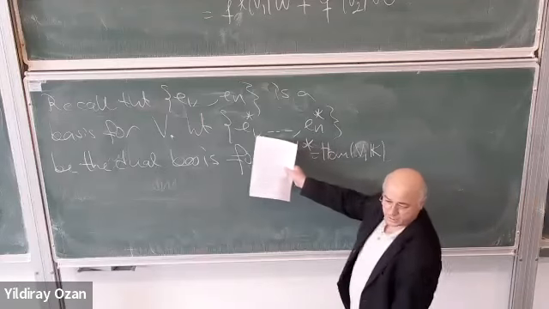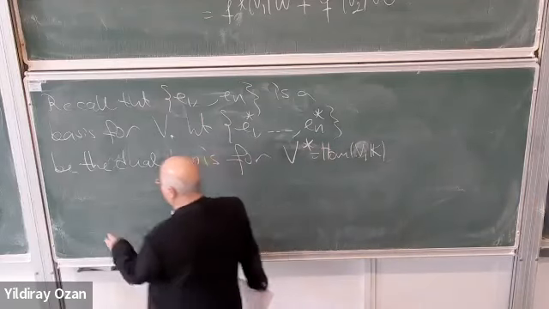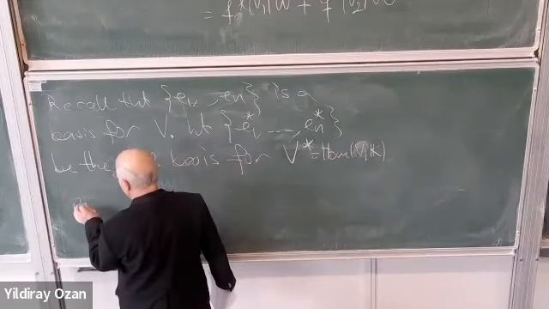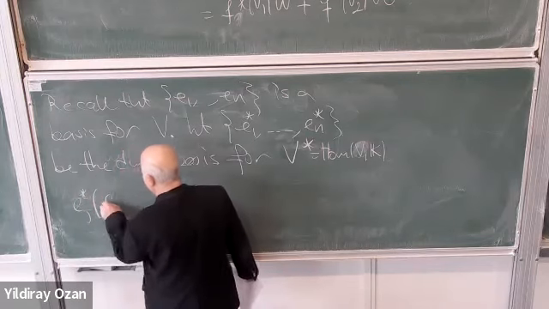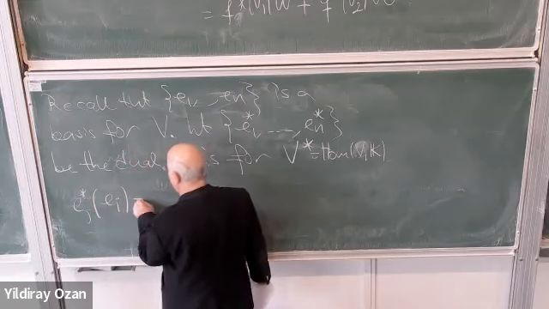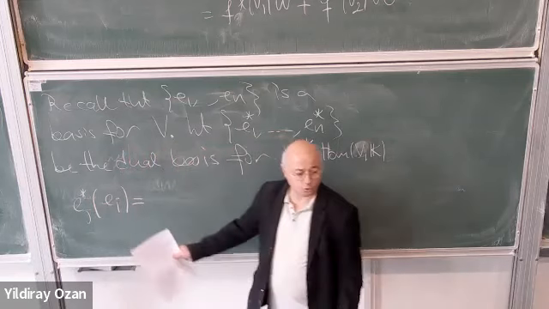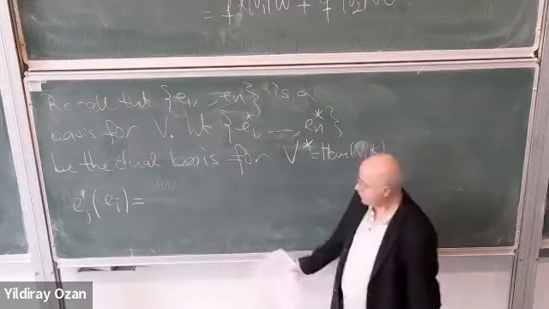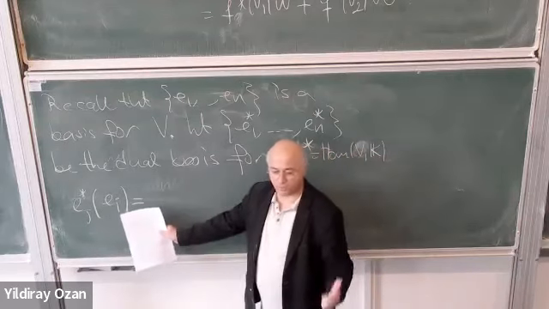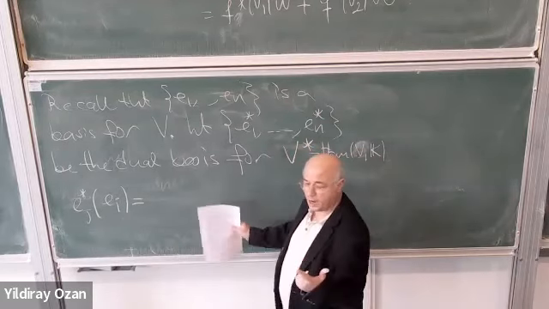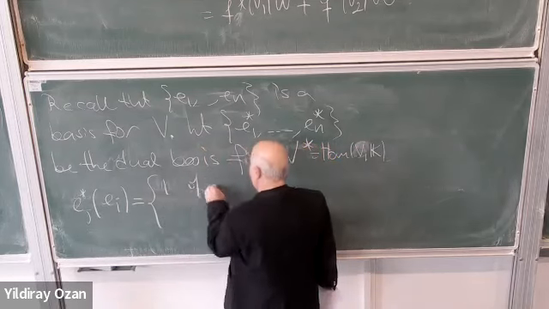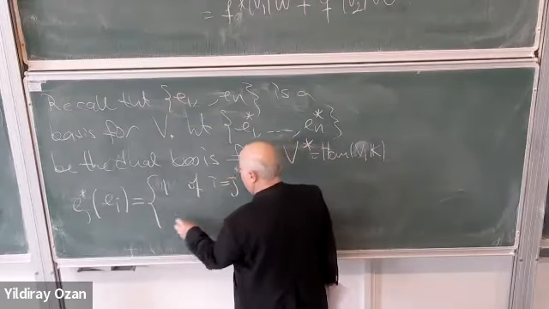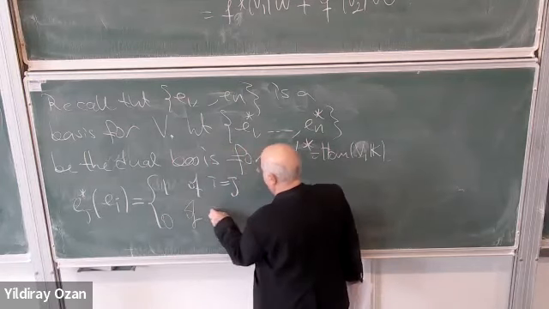So, what are these elements? These are the following linear maps. Ej star applied to Ei is equal to what? If it is the dual basis element, then this is either 1 or 0. If the indices are the same, it is 1, otherwise it is 0.